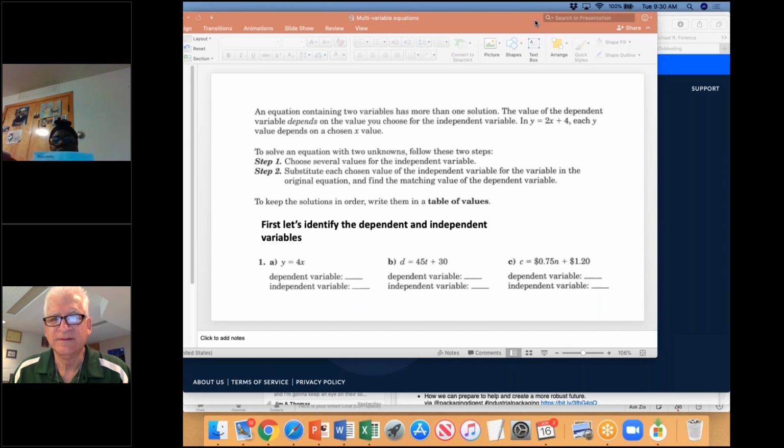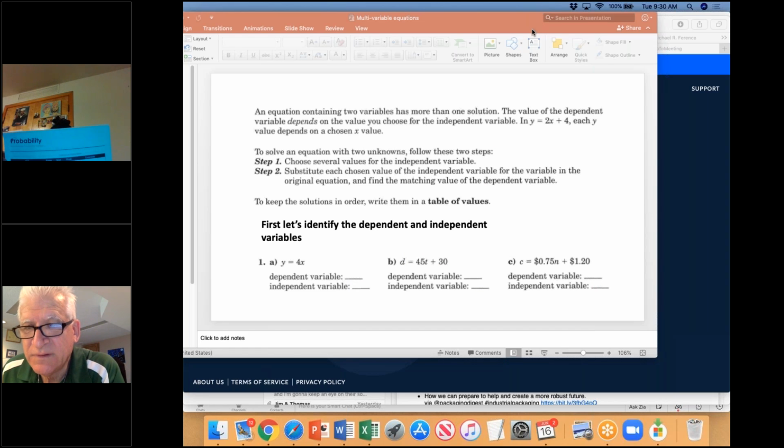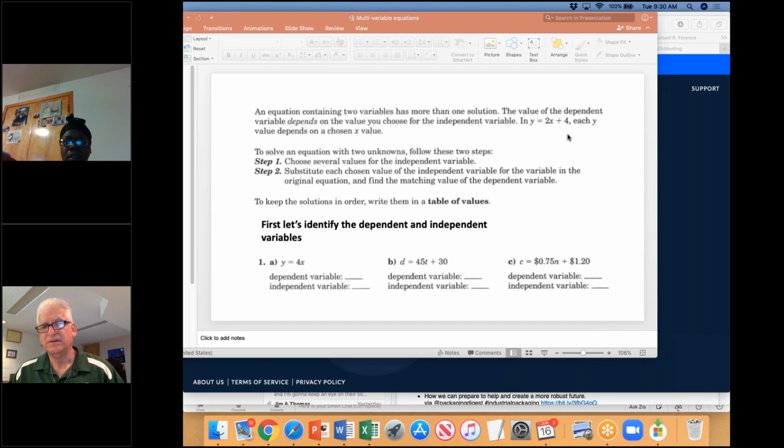Do you happen to have any of these variables? Probability? Yeah, probability. I'm sorry. Do you have this pamphlet? No. Today I was only going to be working on equations with two variables, but I will have an open table session at 10:30. I could help with that then.